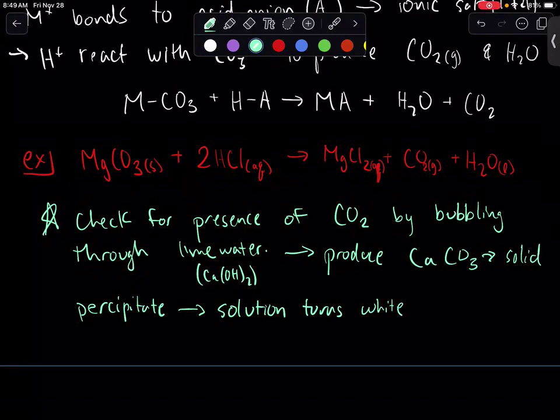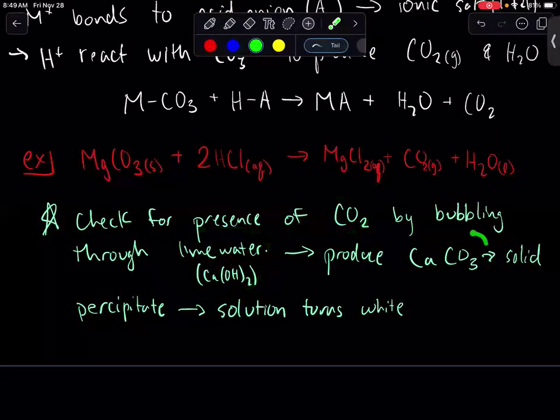So as we put that CO2 gas through our calcium hydroxide, we produce the solid CaCO3, which is white in solution, and you can see the lime water change from a clear solution to a milky white color, and that confirms the presence of carbon dioxide.